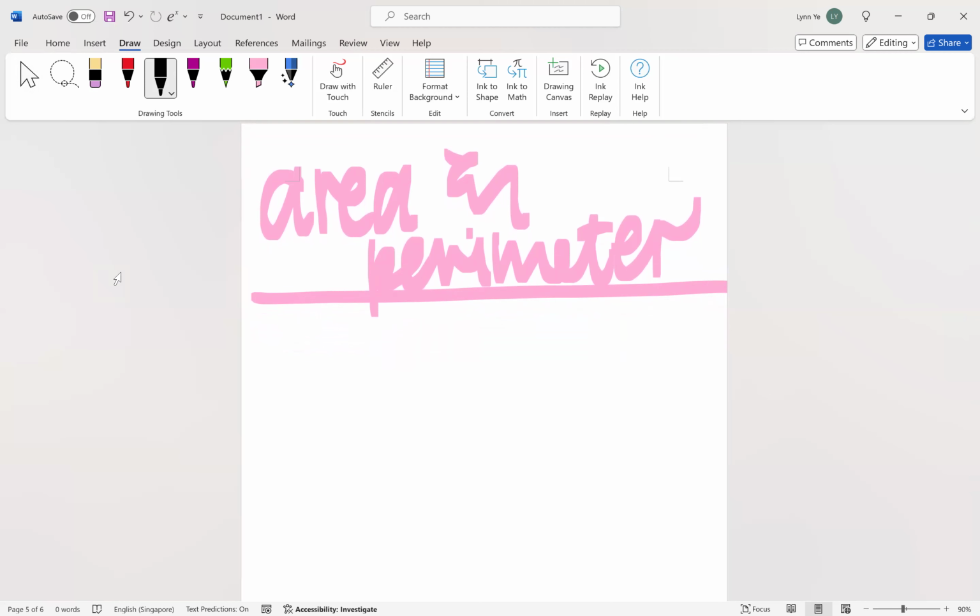Okay, so what is area and perimeter? Let's go back to primary 6. In primary 6, we learn about circles, area and perimeter, correct or not? What's the formula of an area of a circle that you learn in primary 6?